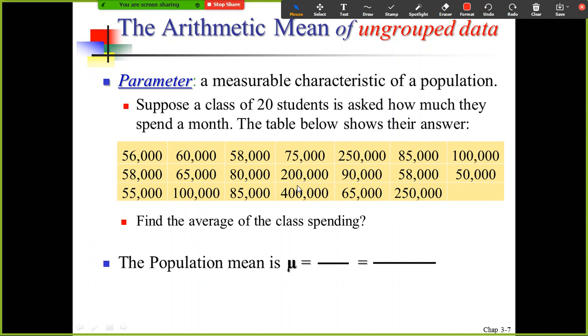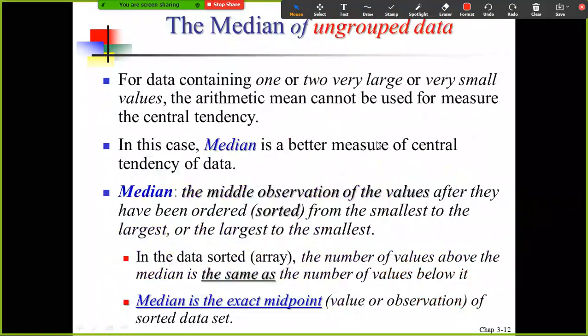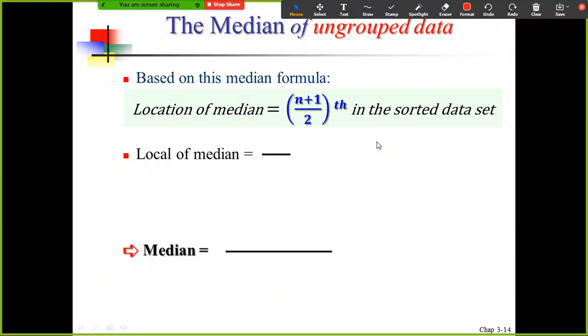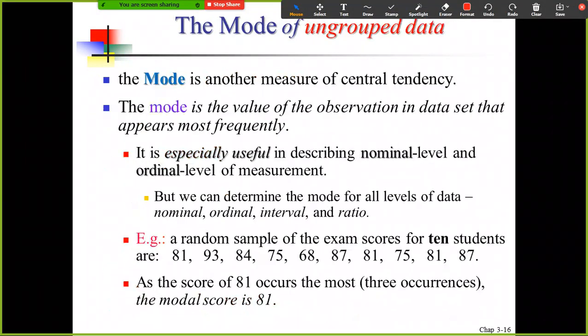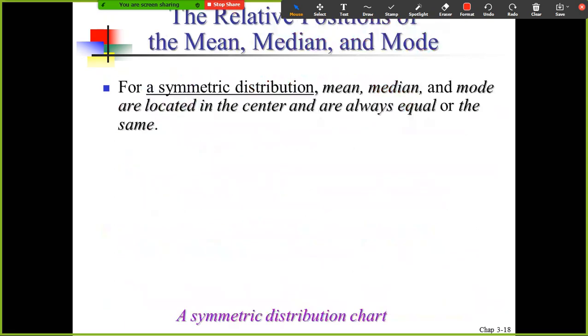So the data set has not yet been put into a frequency distribution table. That's why we call it ungrouped data. How about grouped data? If you know ungrouped, you must know grouped. Grouped data refer to the data set that has already been put into a frequency distribution table.